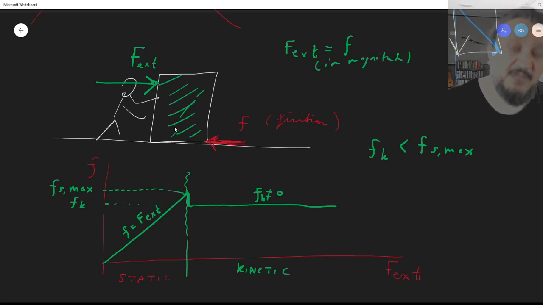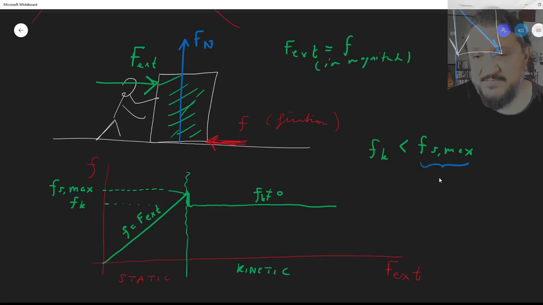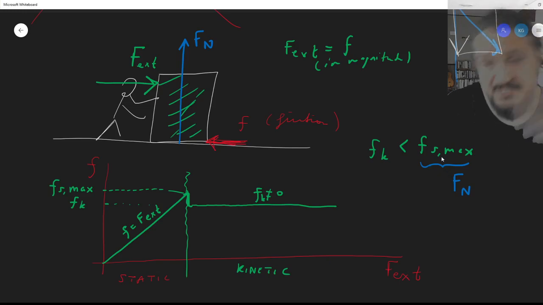And also it depends on how heavy the object is, or more precisely, it depends on the normal force that is present here. Normal force, Fn. So it turns out that this Fs maximum is proportional to the normal force. Both Fs and Fn are measured in newtons, so dimensionally they are equal, but you need a factor, a coefficient we call it.